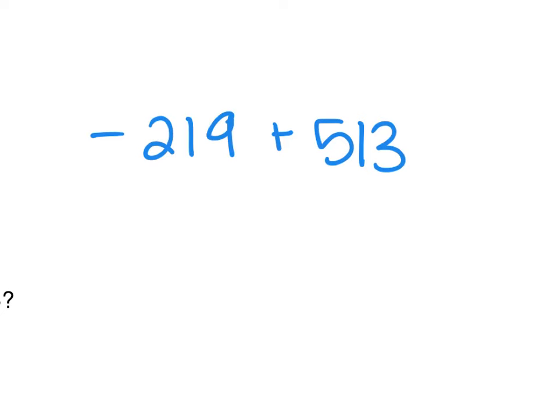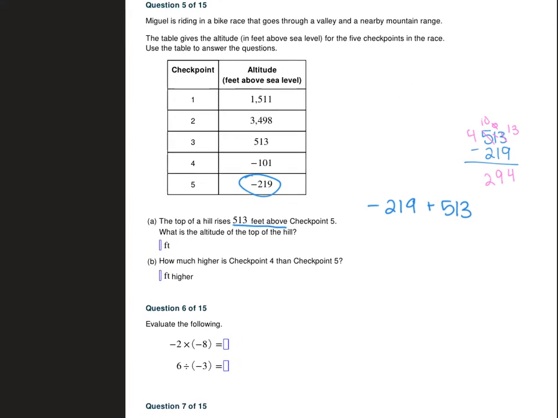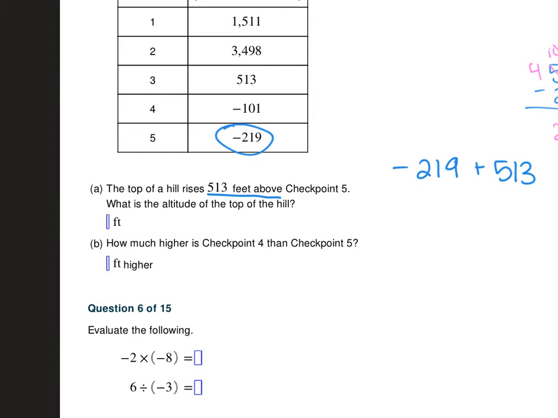Now I just need to find the difference, so I'm going to do 513 take away 219. 3 take away 9, gotta borrow. That becomes 13, take away 9 is 4. 0 becomes 10 after borrowing, 10 take away 1 is 9. 4 take away 2 is 2. So the altitude of the top of the hill is 294 feet.